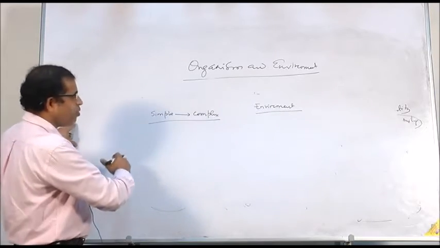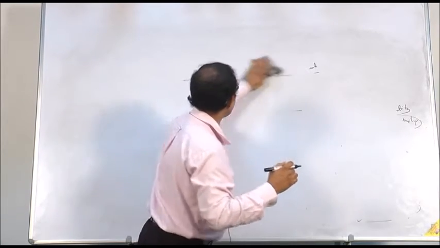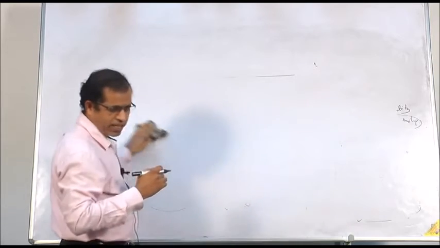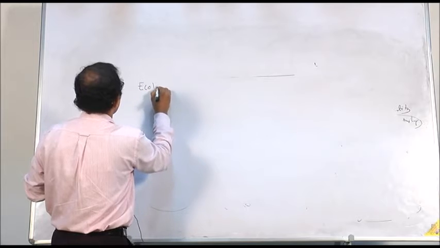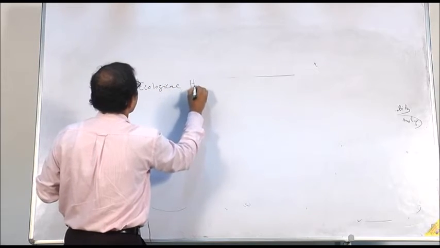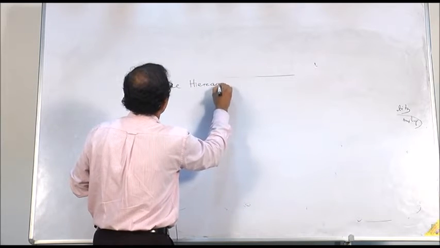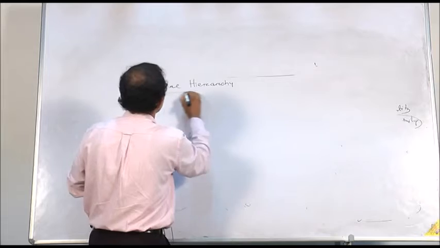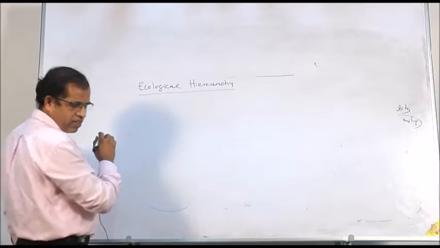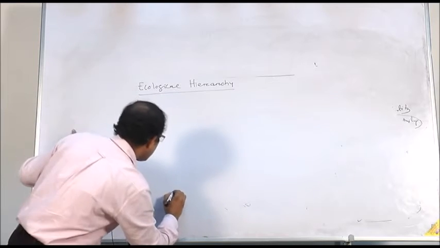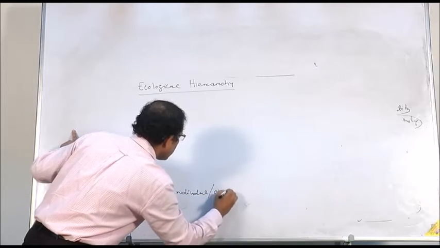So from the simple to complex, you will find what is called the level of organization, which is called ecological hierarchy. In this ecological hierarchy, from the simple, you will find one individual, or you can say the organism.